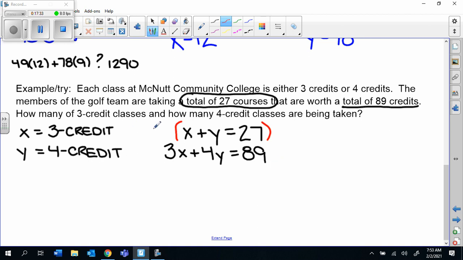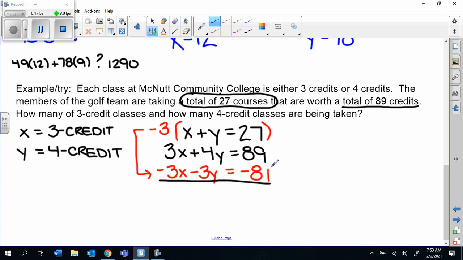Let's multiply everybody in the top equation through by -3. So when I write it right here, I get negative 3x minus 3y equals minus 81. Draw my line, add my columns, the x's drop out. 4y subtract 3y is 1y, must be 8.